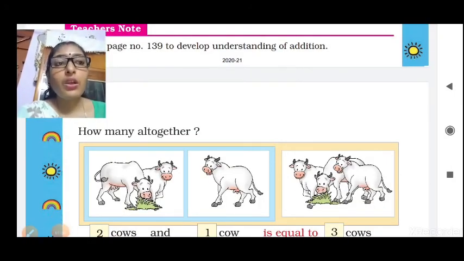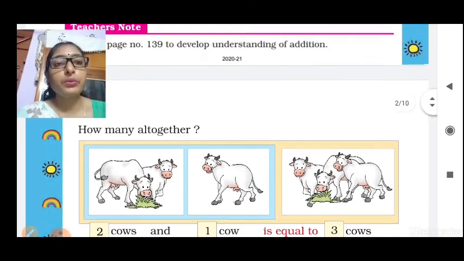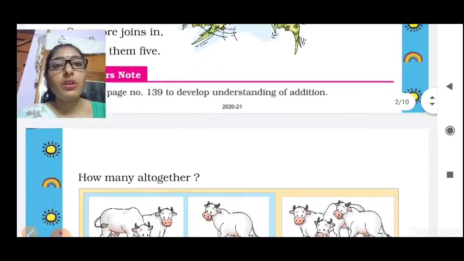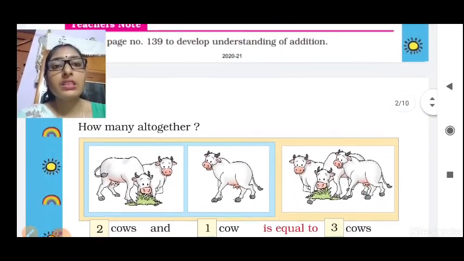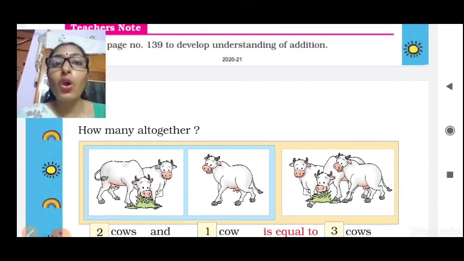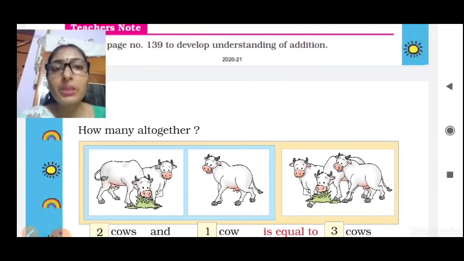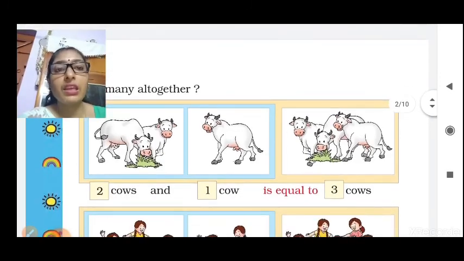Okay children, open your textbook, page number 52. On page 52 you can observe what is written: how many altogether. There are many pictures already given, and you have to find how many altogether. The first one they have given already.